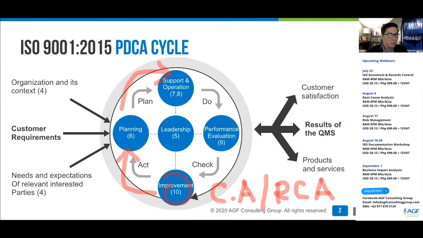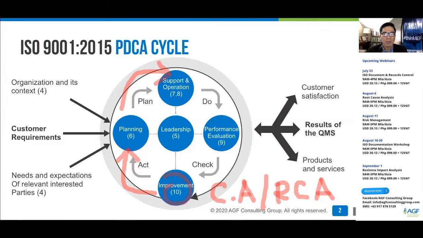Maybe I need to also include in our future webinars PSDM. These are very good questions. To answer your question, Ma'am Maria Estela Nacion, what if the root cause is poor leadership within the organization? We need another discipline for that. We call that PSDM, the problem-solving decision making, where it involves generation of different alternative solutions, analyzing the solutions and implementing the best solution.